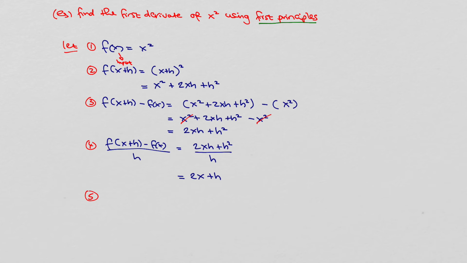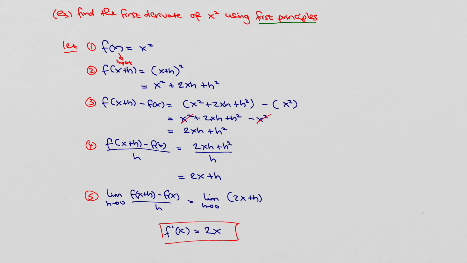Step 5 then is where we finish by getting the limit as h tends to 0 of f of x plus h minus f of x all over h. So in other words, I'm getting the limit as h tends to 0 of 2x plus h. So that means wherever there's an h, we're replacing it with 0, which leaves me with my first derivative is 2x.